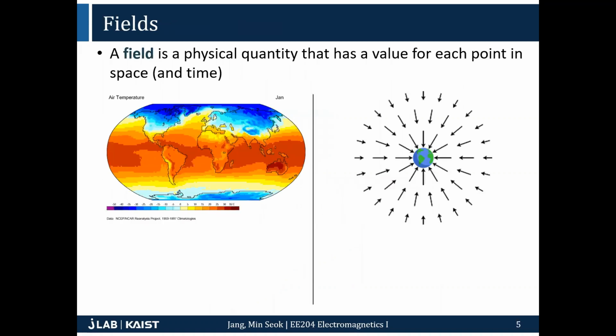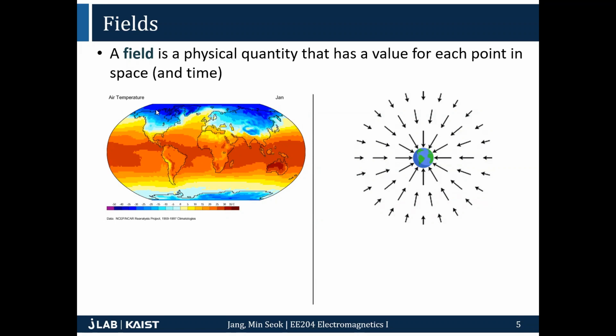And then the fields. We will talk a lot about fields, and field has different definitions in mathematics. But in physics, we define a field as just a physical quantity that has a value for each point in space and time. What does that mean? Take an example: this is a temperature field.